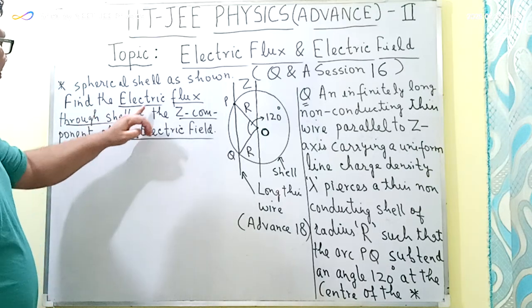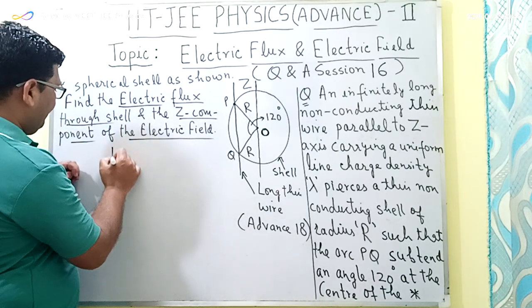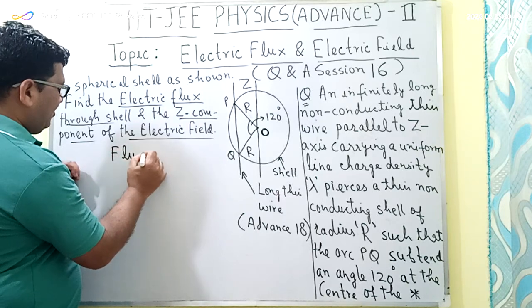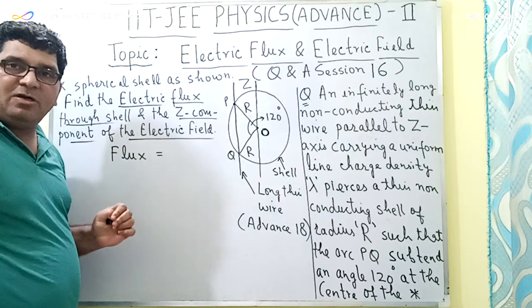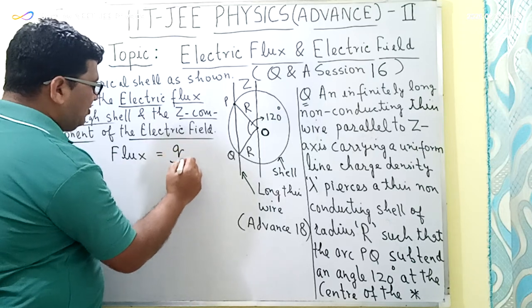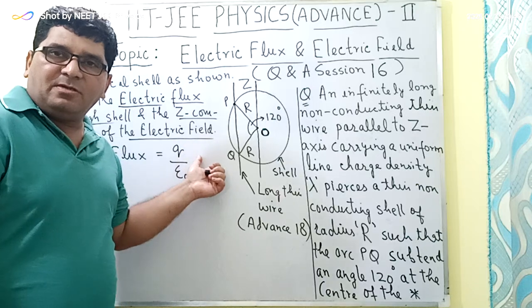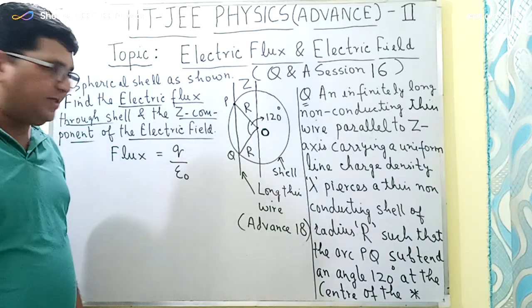Now we have to simply find the electric flux through the shell. The electric flux, as per Gauss law, is equal to Q upon epsilon naught, where Q is the charge enclosed by that surface.